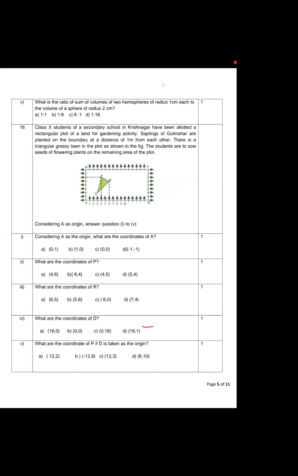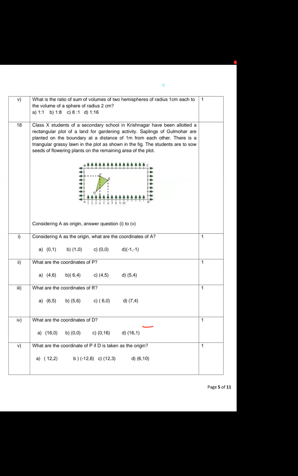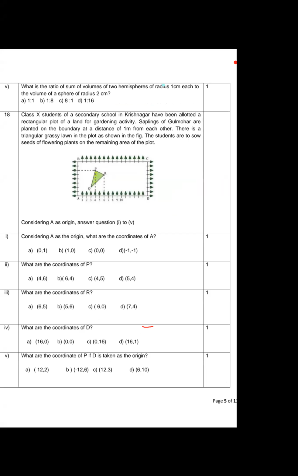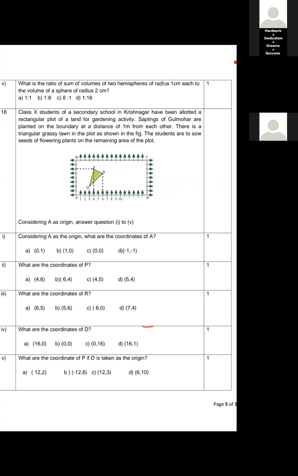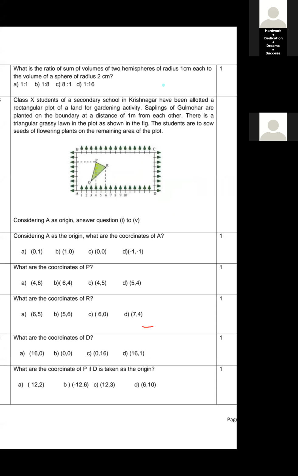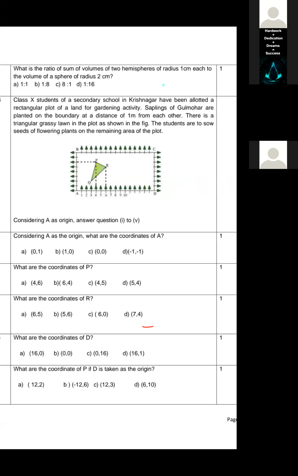Question number 18 is, class 10 students of a secondary school in Krishna Nagar have been allotted a rectangular plot of land for gardening activity. Saplings, you know saplings? Small plants? Saplings of gulmohar are planted on the boundary at a distance of 1 meter from each other.